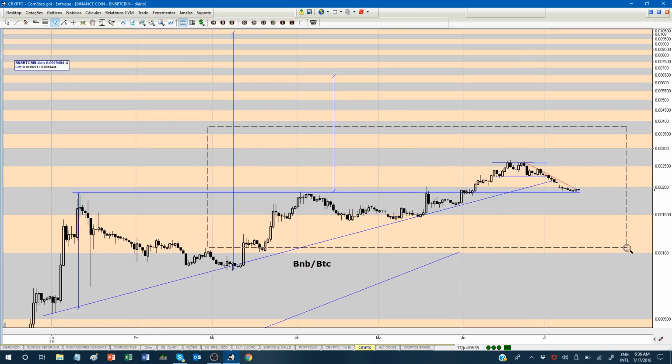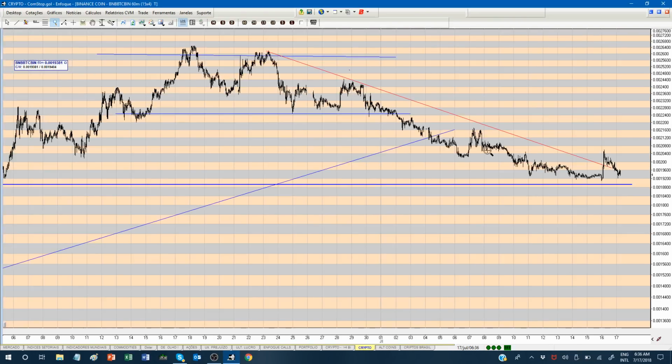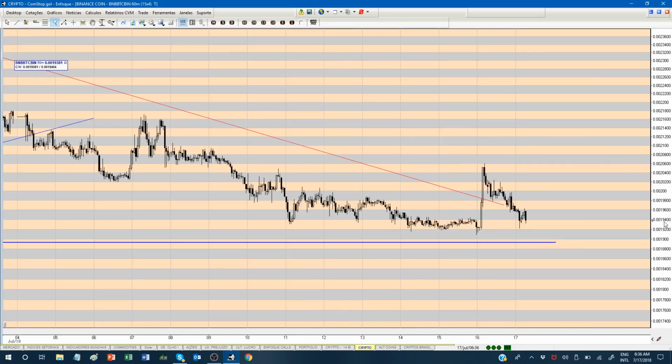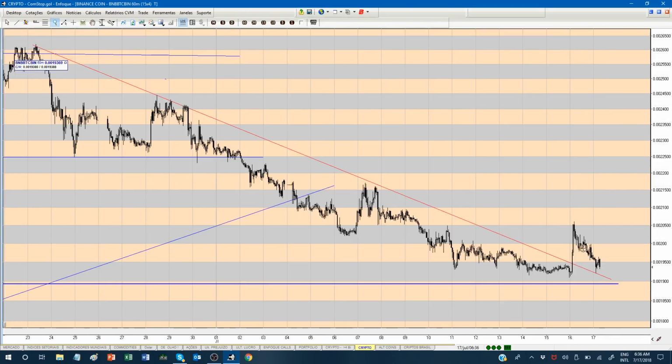It's kind of hard to keep an eye on the daily chart, so we switch to the hourly chart, and in the hourly chart we might be seeing a pullback to this resistance line. That would be around here, right? So let's have a look. Yeah, we might be looking at a pullback to this resistance line.